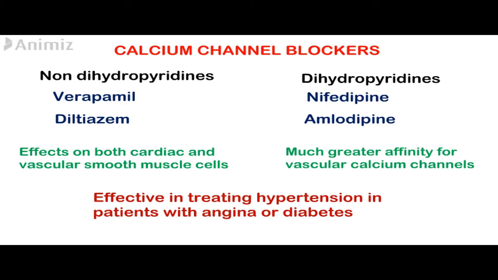The difference is that non-dihydropyridines, especially verapamil, have a significant effect on both cardiac and vascular smooth muscles, and they cause negative inotropic and chronotropic effects. While dihydropyridines have much greater affinity for the vascular calcium channels than for the calcium channels in the heart.